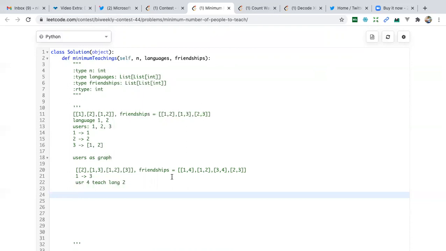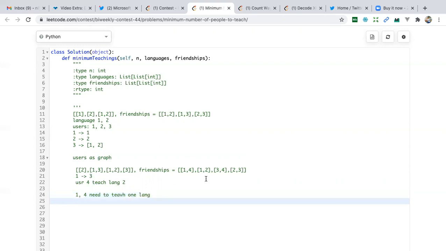Okay. So you're saying 1 and 4 are friends, and 1 speaks language 4, and 4 speaks language 3. So we need to teach either a language to either 1 or 4. Like 1 or 4 need to teach one language. Okay, and let's see, 1 and 2 are friends. So 1 speaks 2, and 2 speaks 1 and 3.